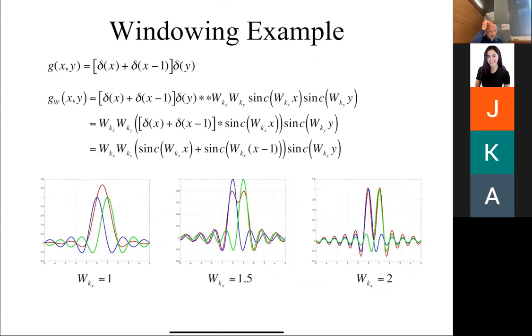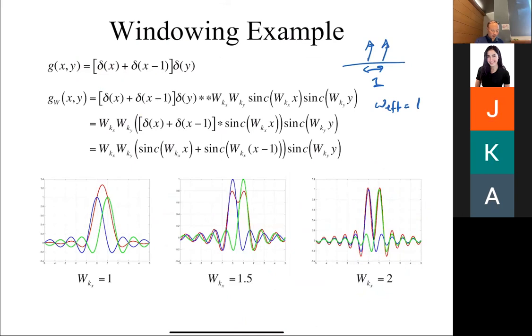So let's just give an example of what happens when you're at the limit. So in this case, I've got delta x plus and delta x minus, right? So in the x direction, I've got these two things spaced 1 apart, right? So let's say I want my resolution, I want my width to be 1, so I could sort of resolve those two, let's say. That would be the limit.